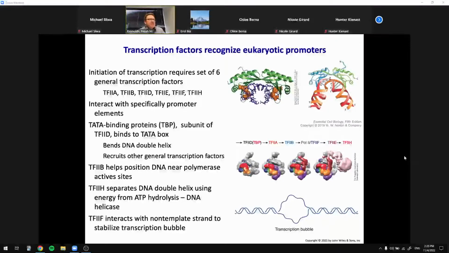And this gives a structural signal for the other subunits, so everything can then assemble there. So it's going to change the conformation in the DNA so that everything else knows this is basically the start place. So TATA box binding protein is an important one for you to know.